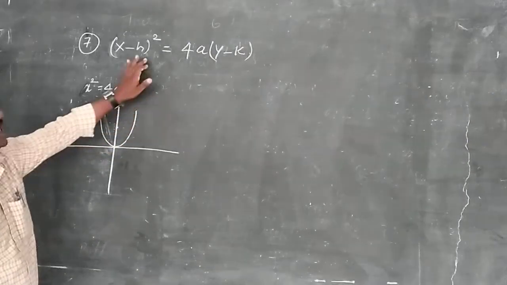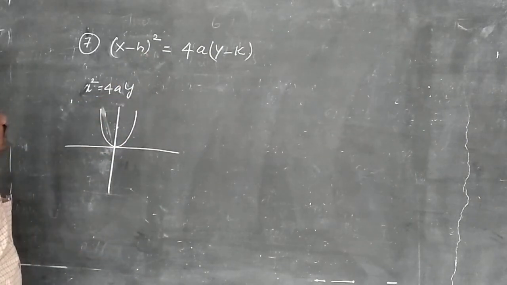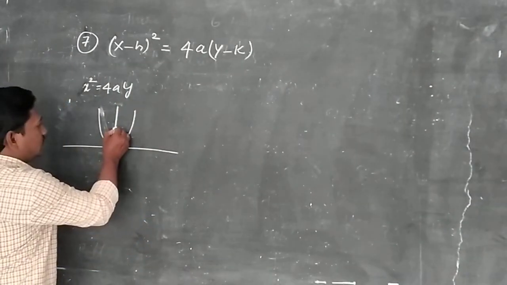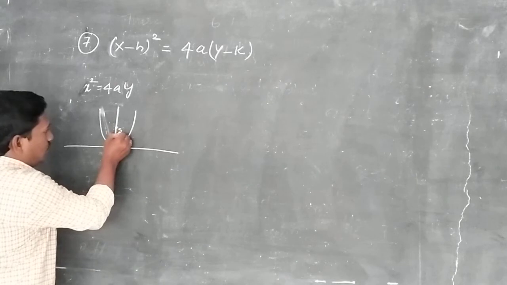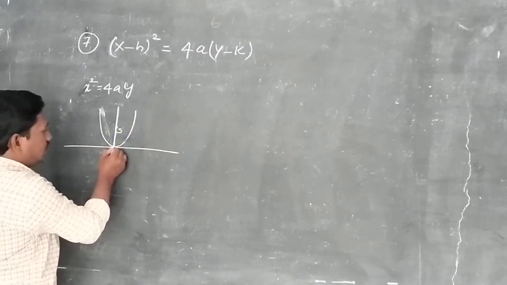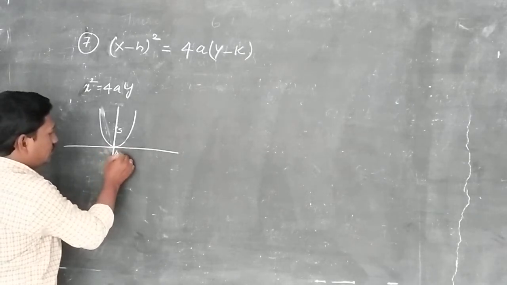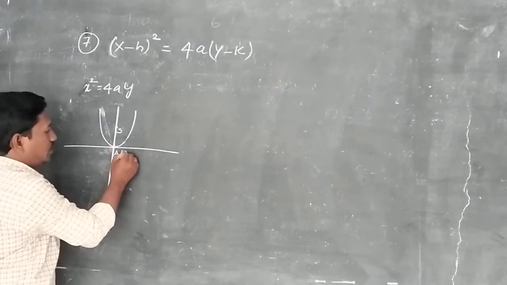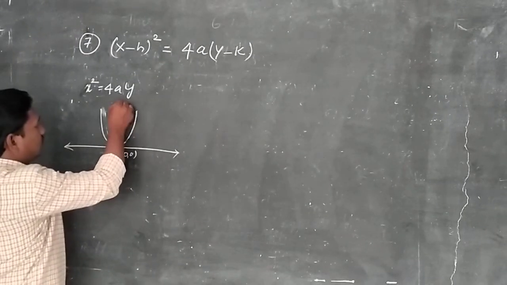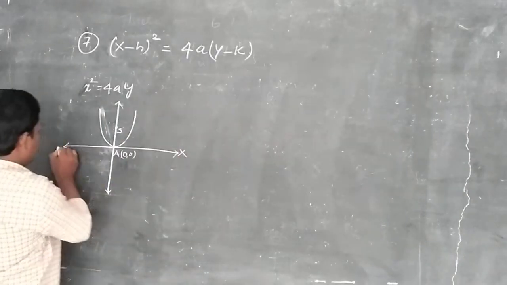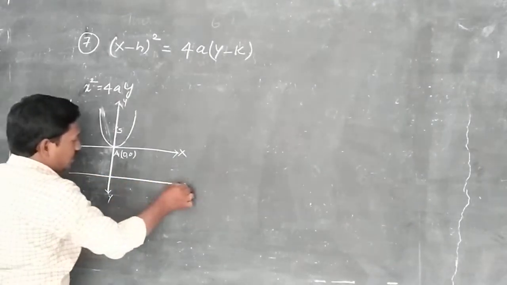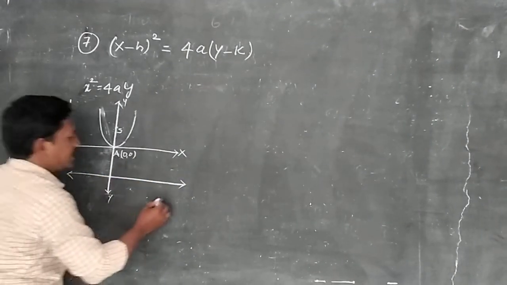Then we have to compare it to (x minus h) whole square equal to 4a(y minus k). Here, yes, focus, and this is the origin (0, 0). These are the axes. This is x dash, y dash. This is the directrix.